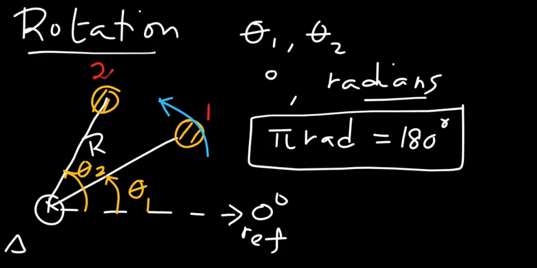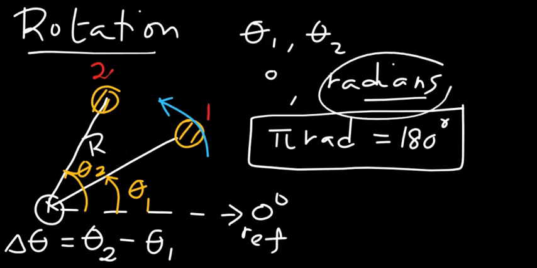We say its angular displacement is defined as the angular position at a later time minus the angular position at the earlier time. So theta 2 minus theta 1, and it's also measured in units of radians.